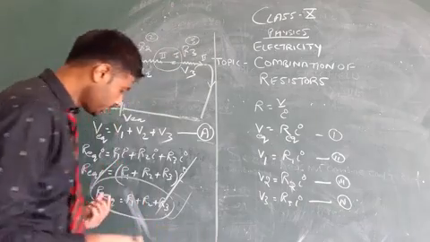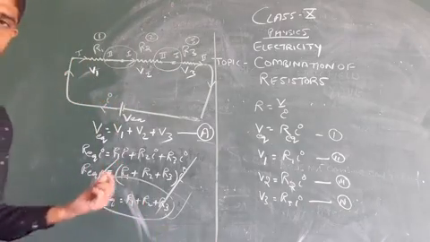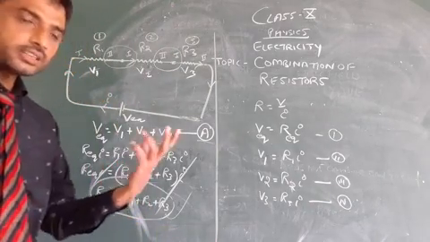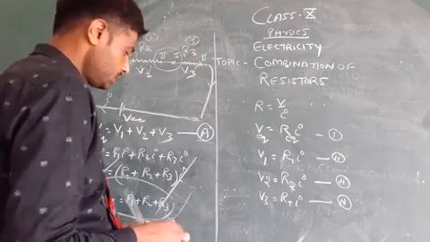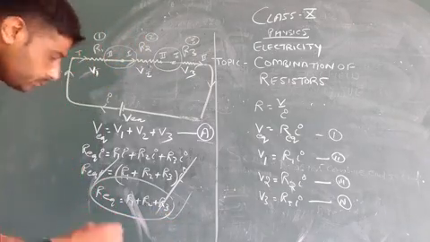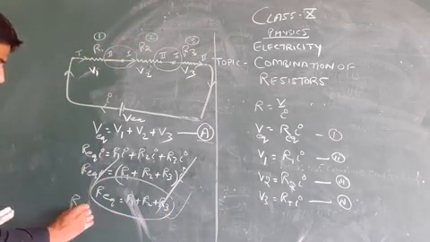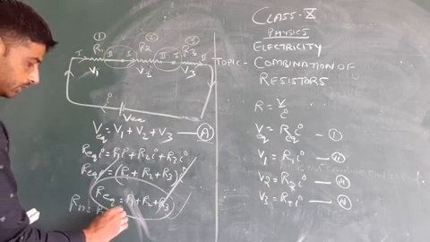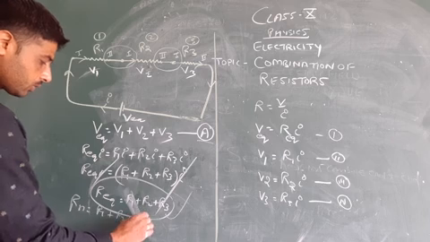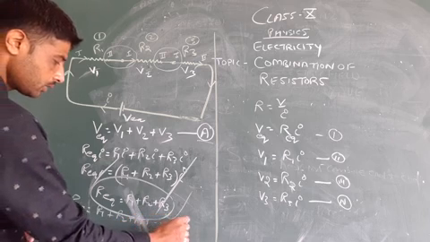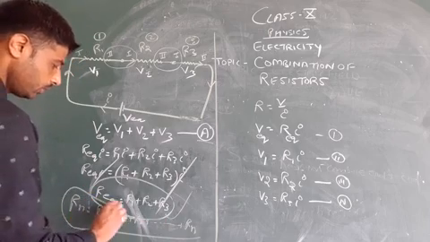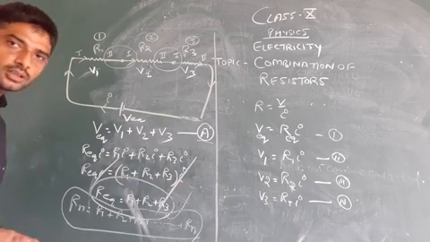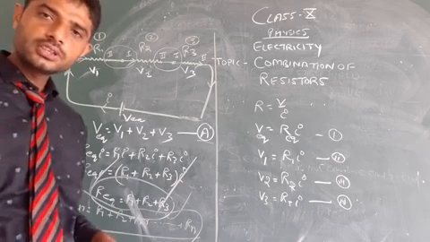It means R equivalent is equal to R1 plus R2 plus R3. If n resistors are combined, then Rn equal to R1 plus R2 plus R3 and so on up to Rn. This is the formula for n resistors. So I hope you understand.